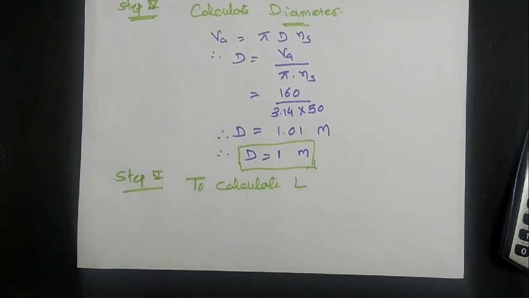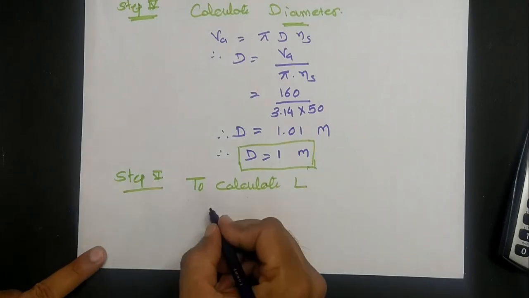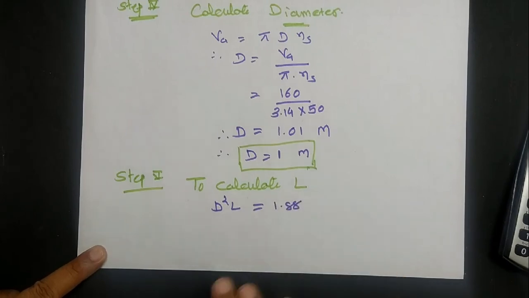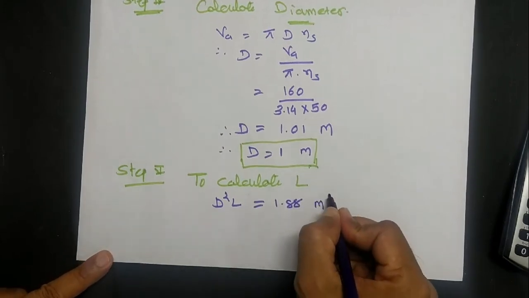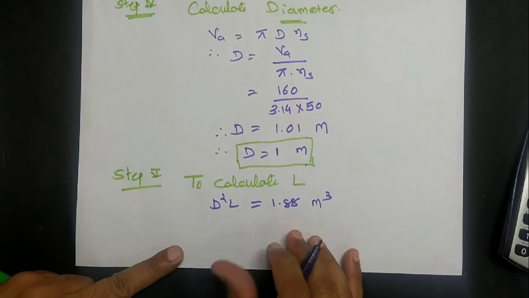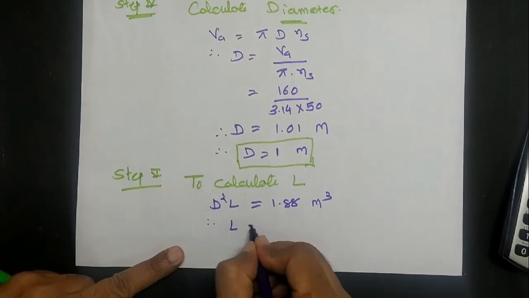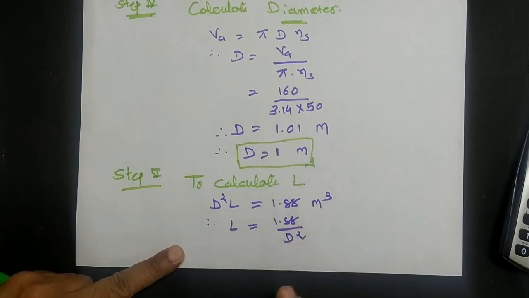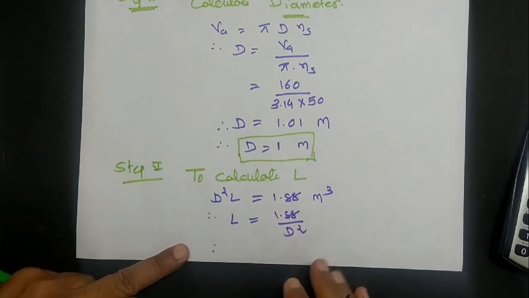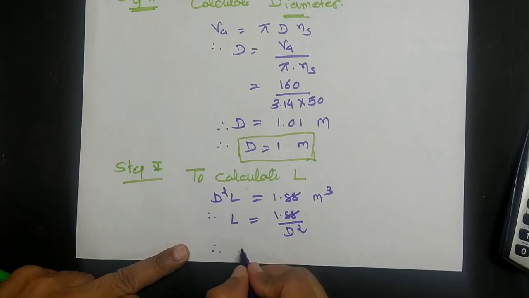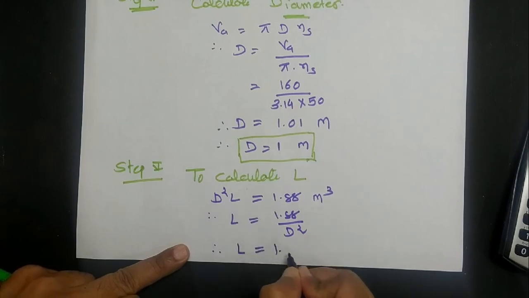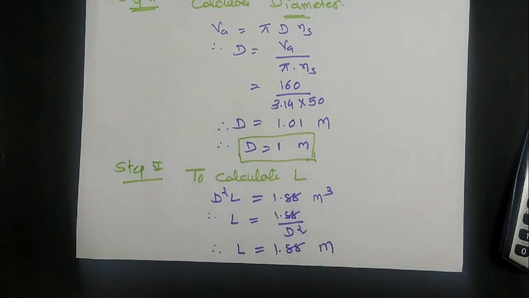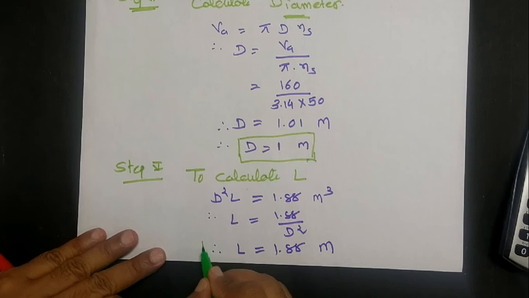So we know that D square L is 1.88 meter cube, and therefore L is equal to 1.88 divided by D square. D is 1 meter, so D square is also 1 meter, and therefore L is equal to 1.88 meter. So now we have calculated our length.